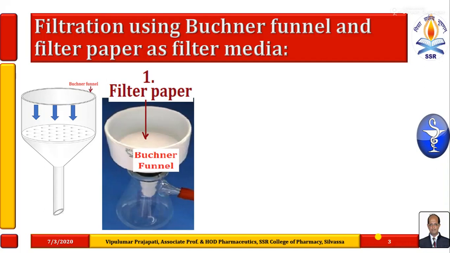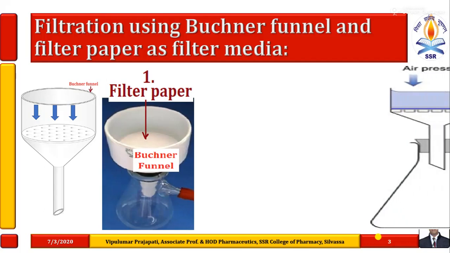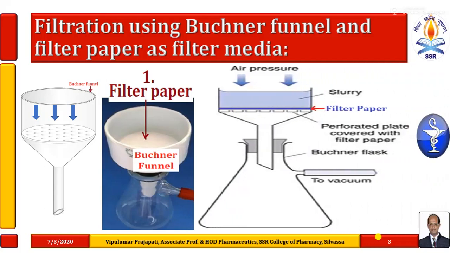So the first step is how to put a filter paper as filter media on the perforated base of Buckner funnel, and we have to keep this Buckner funnel on the filtration flask. So this is the actual arrangement of Buckner funnel on the Buckner flask, and it will be connected to a vacuum pump.